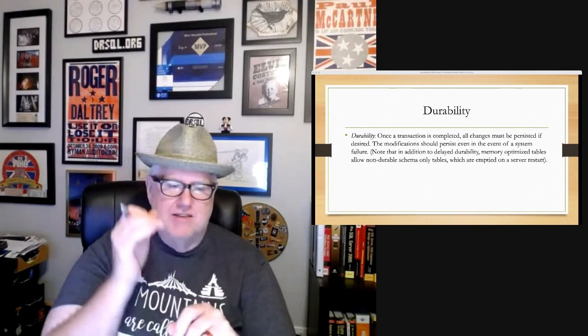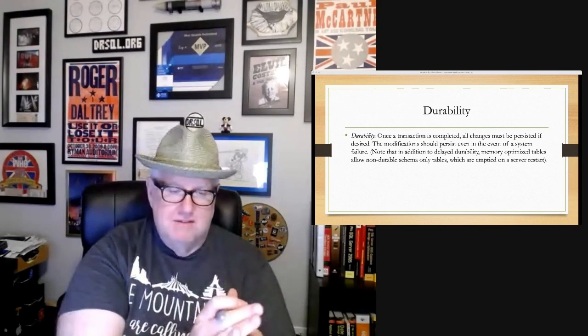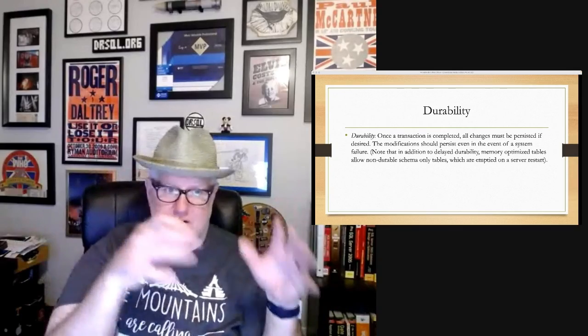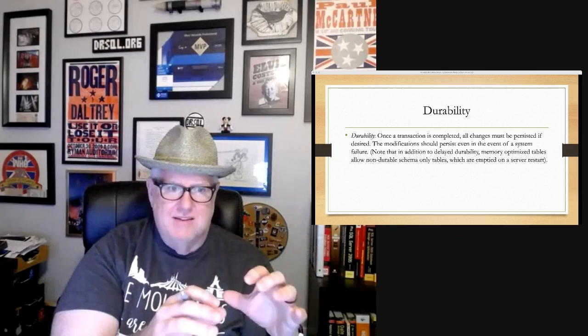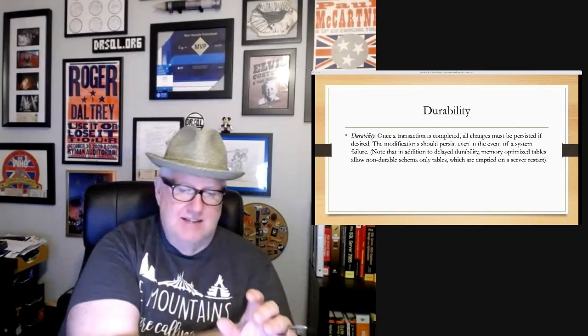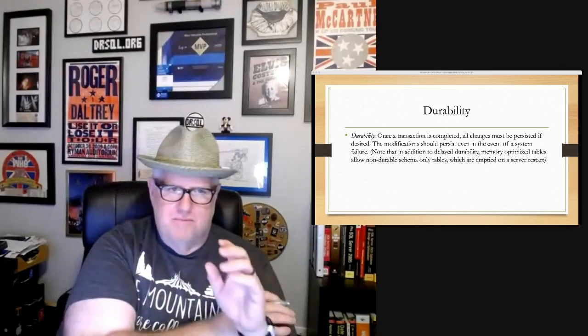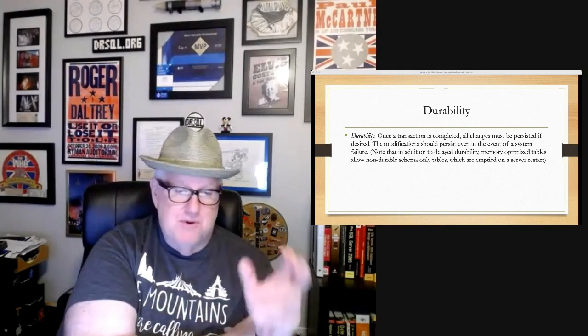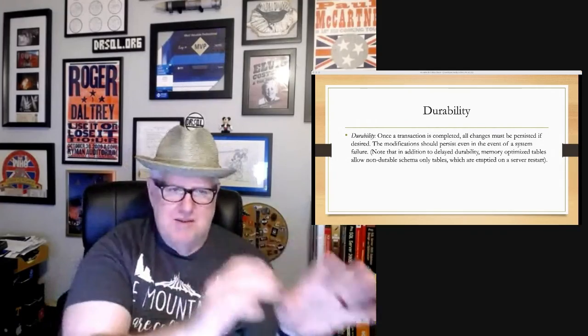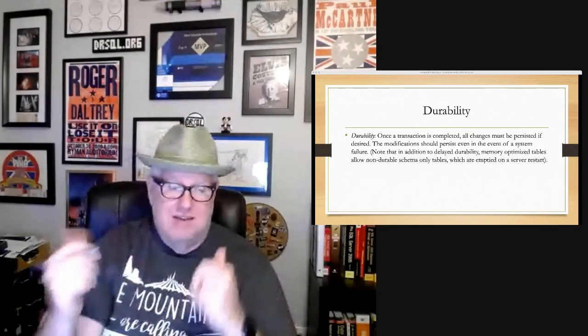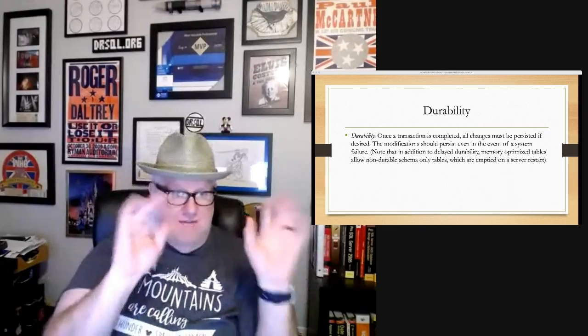Delayed durability says as soon as it's written to memory, all SQL Server writes go to memory first. That's the place where they're at, and then they get cached to disk. Memory optimized does it one way, and regular disk-based tables do it another way, but that's the foundation. It's got to be written to memory. It's got to be written to disk. Commit. As I said, everything has multiple steps.